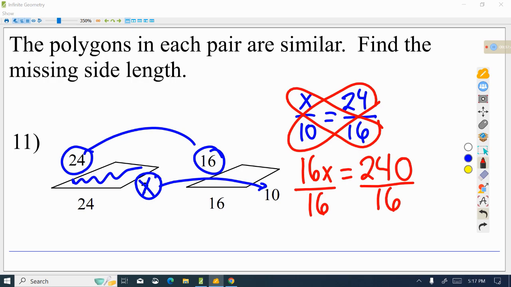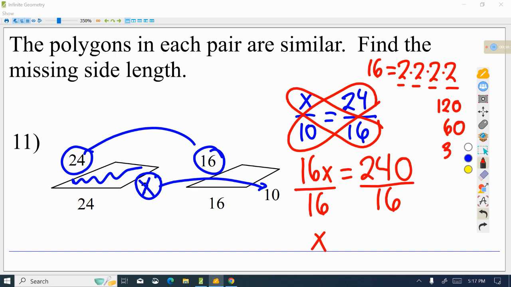If you think about it, in class, the way that I did this problem was to recall that 16 is equal to 2 times 2 times 2 times 2. So if I divide by 16, that means I have to cut something in half 4 times. So half of 240 is 120, right? I cut it in half 1 time. Half of 120 is 60. We cut it in half 2 times.